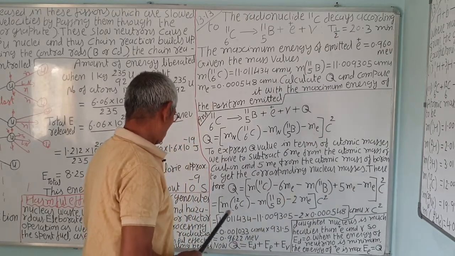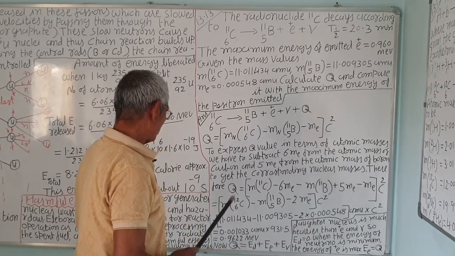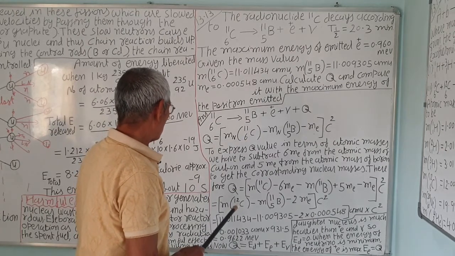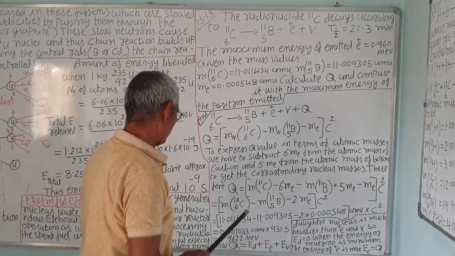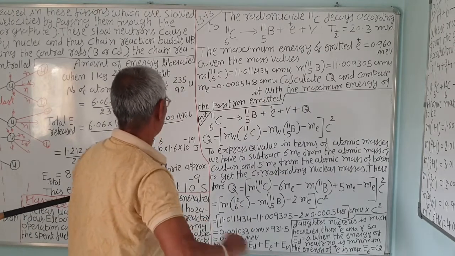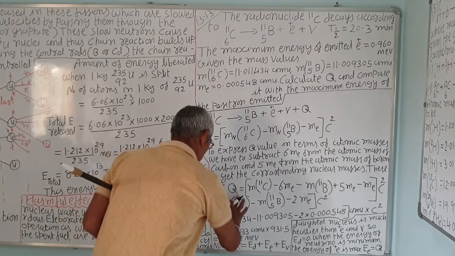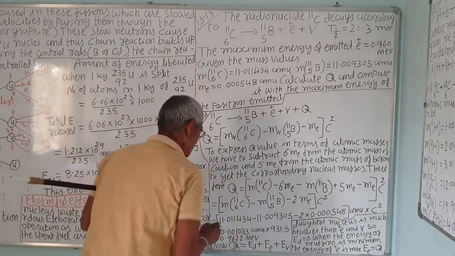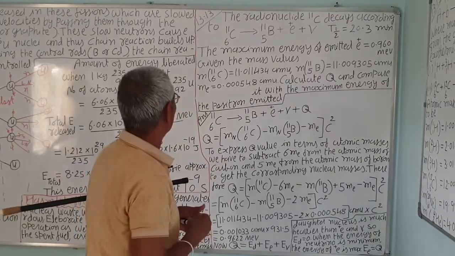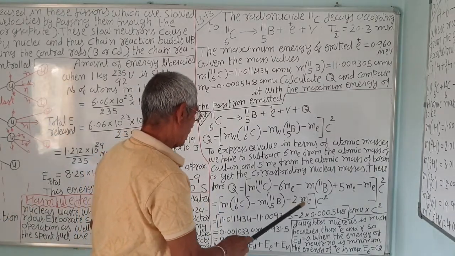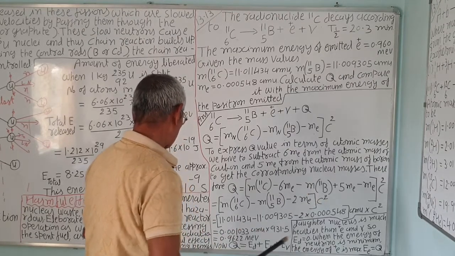So that is equal to the mass of carbon-6-11 minus the mass of boron-5-11 minus 2 Me, bracket complete, times C square.